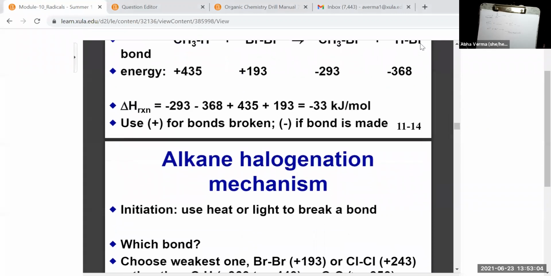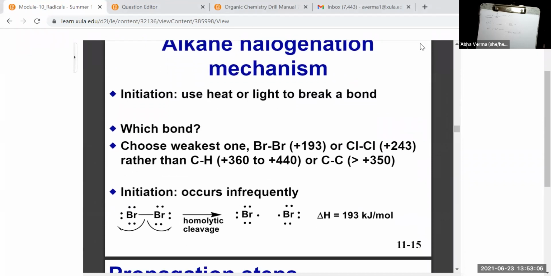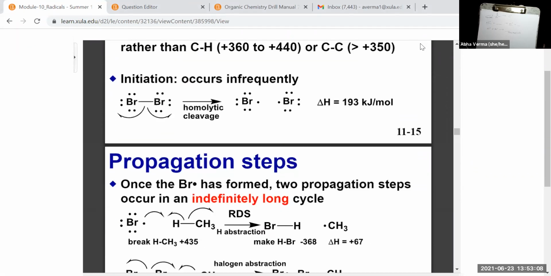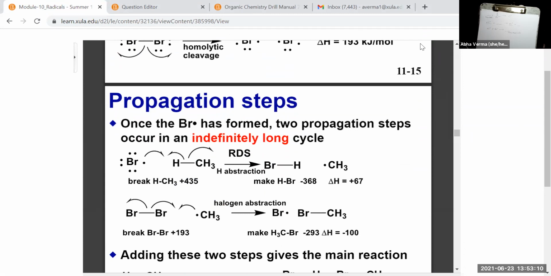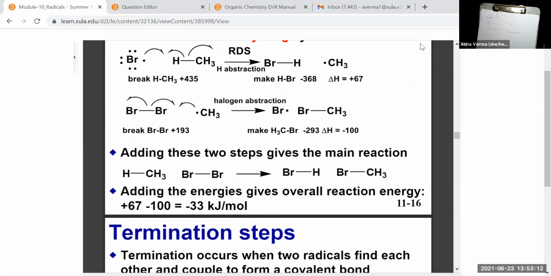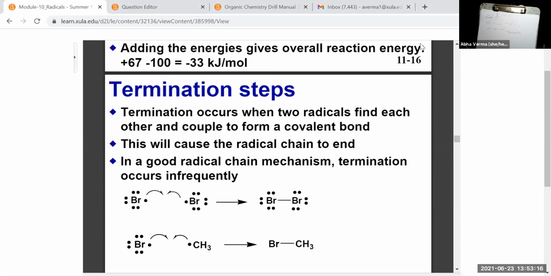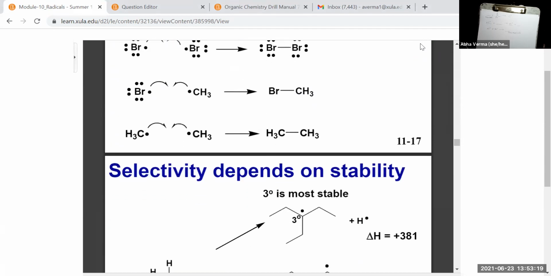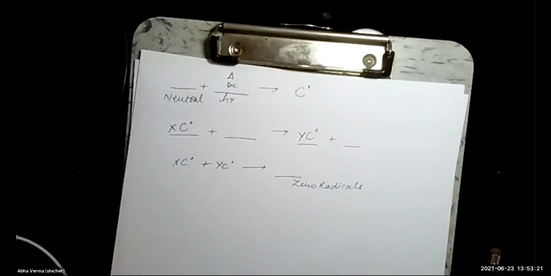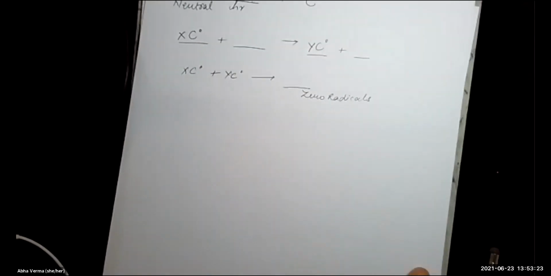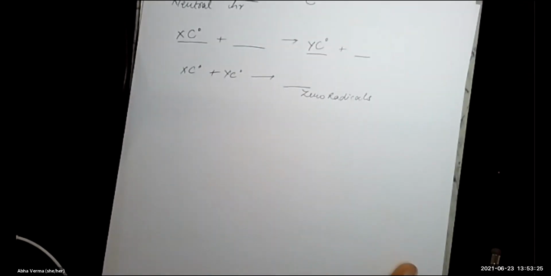On your exam, you will be asked which of the following is the radical step. You will see that I have those on our slides also: the initiation, the propagation, and the termination steps. But I want to go over these on our notebook.